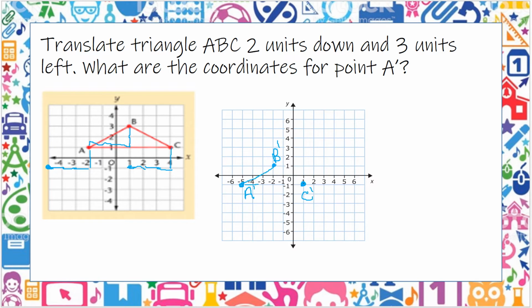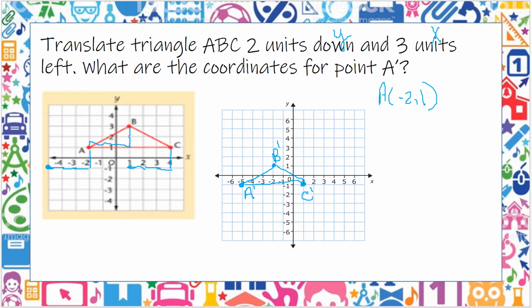Another way you could do this is you could say, okay, down is my Y value and left is my X value. So I can pick the coordinates. You've got A as -2, 1.